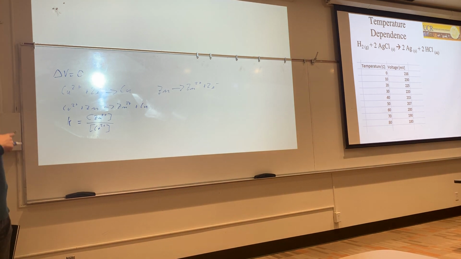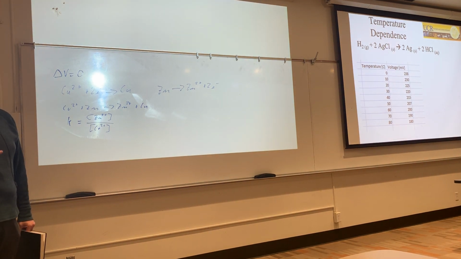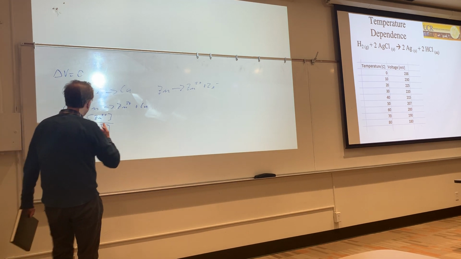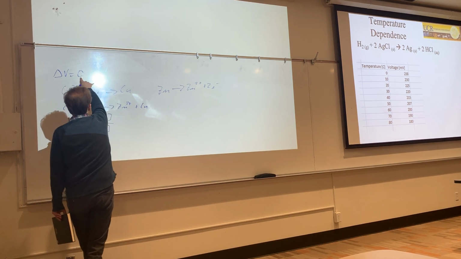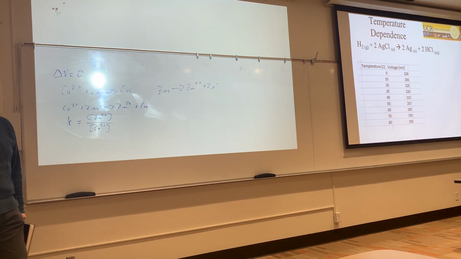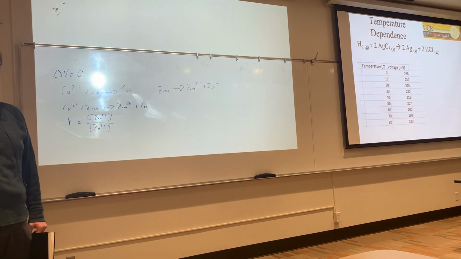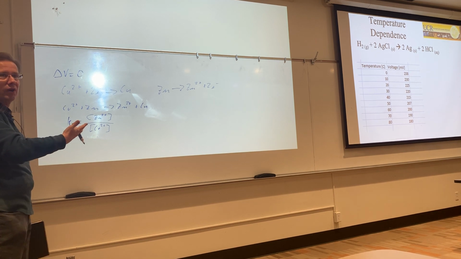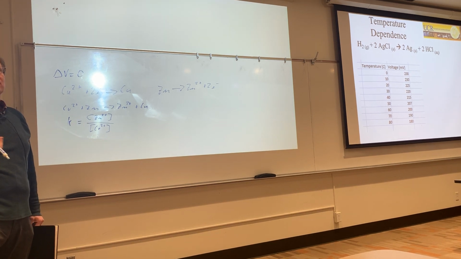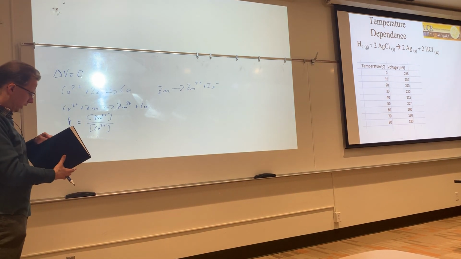So this K over here is an equilibrium constant for that reaction. Now what will that equilibrium constant be? That is determined by this battery being flat. When the system is in equilibrium, the battery is flat, I am at the equilibrium concentration K.